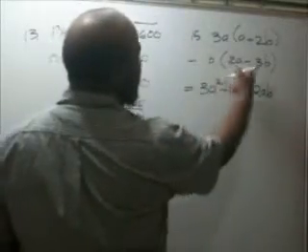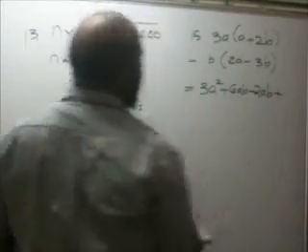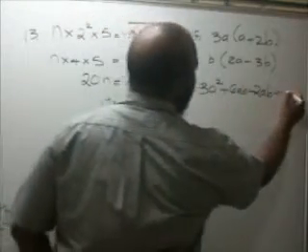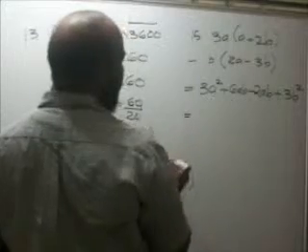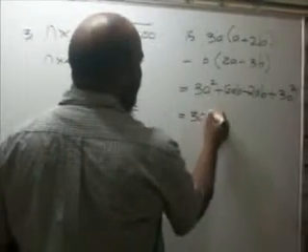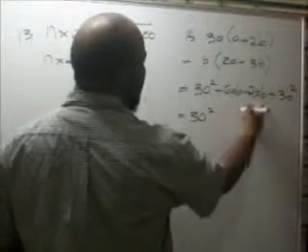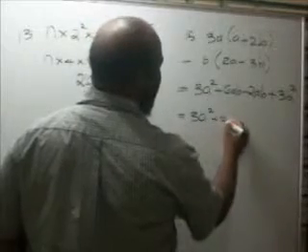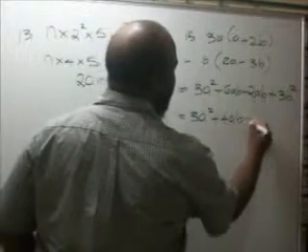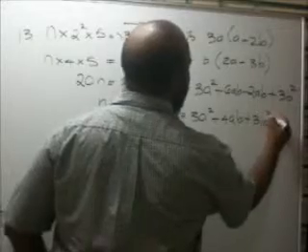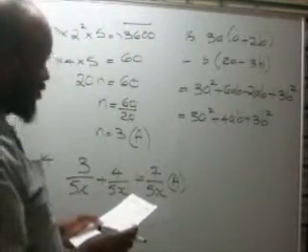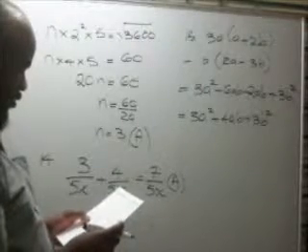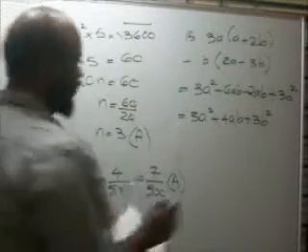Now a negative times a negative is a positive, and B times 3B is going to be 3B squared. So we have 3A squared, 6AB minus 2AB is positive 4AB, plus 3B squared. And the answer for that is B.